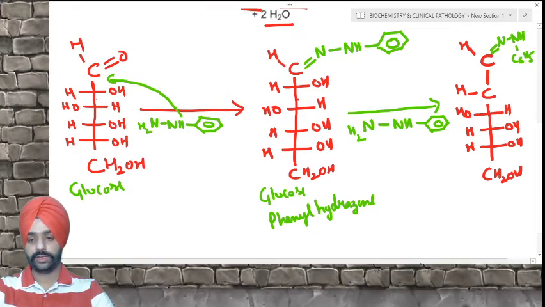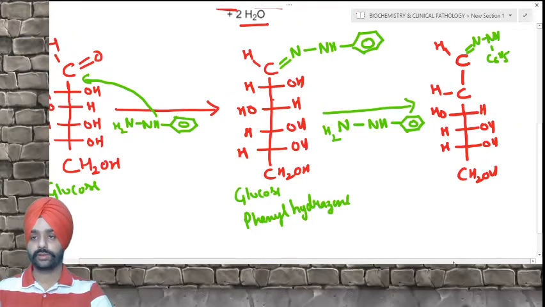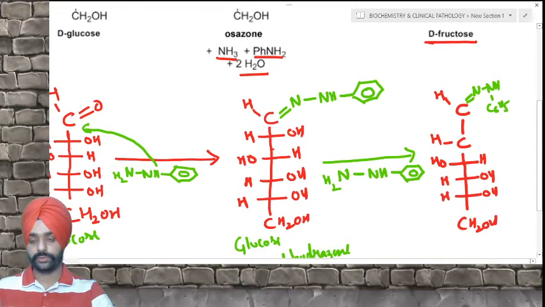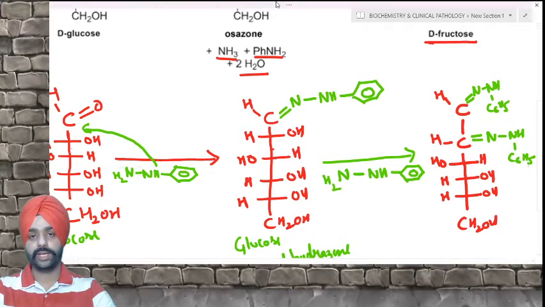Now, see, this is the first phenylhydrazine attaching. Now, the next phenylhydrazine shall be attaching at the second carbon. See here in your reaction, the attachment site. Students, I had mistakenly added a hydrogen group here.